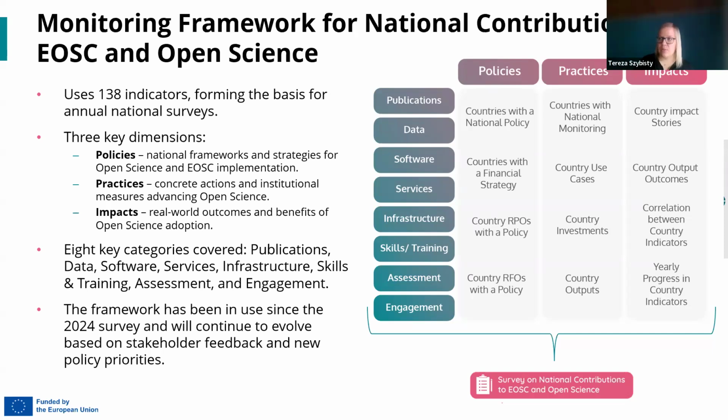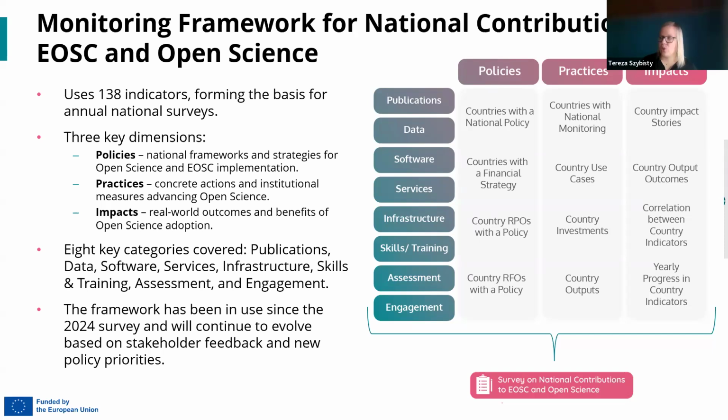Currently, the monitoring framework includes 138 indicators, and it is structured around 3 key dimensions: policies, practices, and impacts. Across these 3 dimensions, we have then 8 categories that are crucial for open science: publication, data, software, services, infrastructure, skills and training, assessment, and engagement, as you can see here.